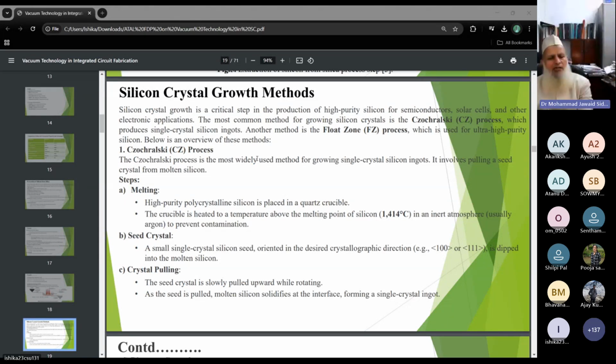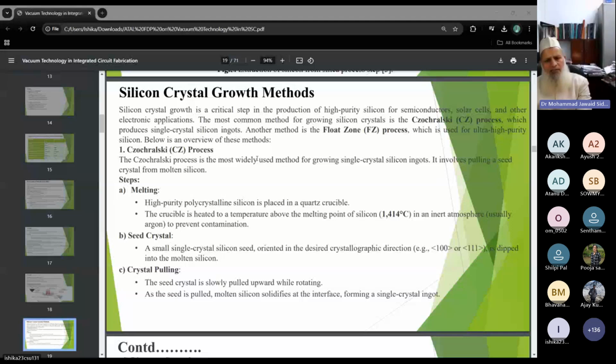Rarely it is used for the fabrication of electronic devices. In some special applications like large area electronics, sometimes amorphous silicon wafers are used. But in general, all the electronic devices and all the integrated circuits are fabricated on single crystal wafer.